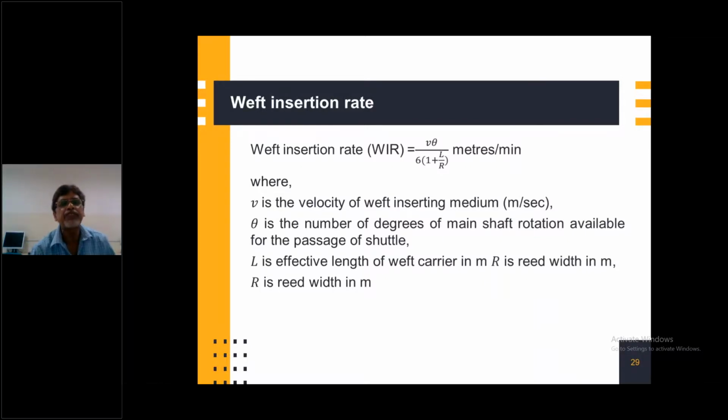Basically, if we want to insert weft at a higher rate, we have two parameters: either we increase V or we increase theta. But in the case of our conventional loom, increasing V is almost impossible, as it is hard to reach the maximum limit, and theta is also limited because of the design.